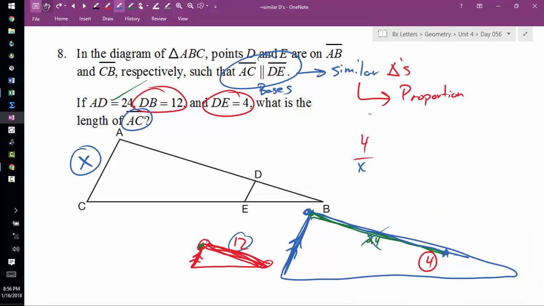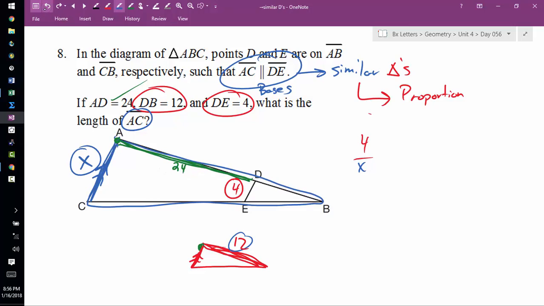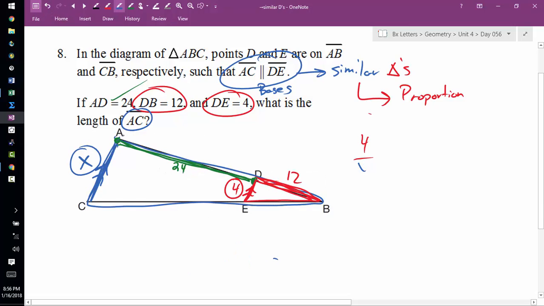So if we kind of backtrack and put everything back, I can tell you from A all the way to B, that entire length is 24, the green thing, plus the red, plus 12. That is the entire length. That entire length is 36.